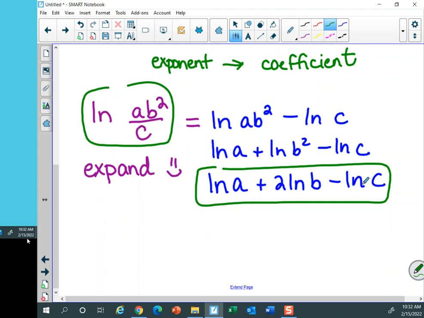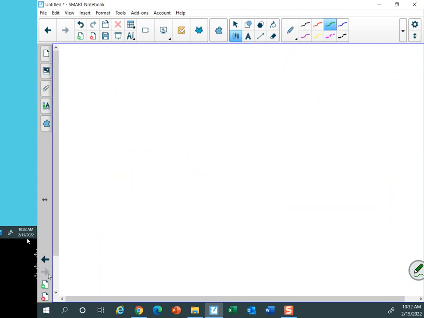Now, as ugly as this is going to feel, I'm going to show you that, because we're going to do a problem two ways. We're going to do it without expanding it first and struggle through it and get to the answer. And then I'm going to show you, hey, look, if we expand it first, if we rewrite it first, everything's going to be a lot smoother. Okay. You ready? Here we go.